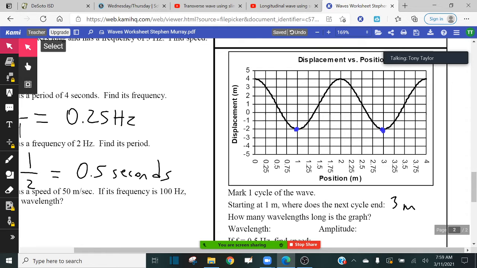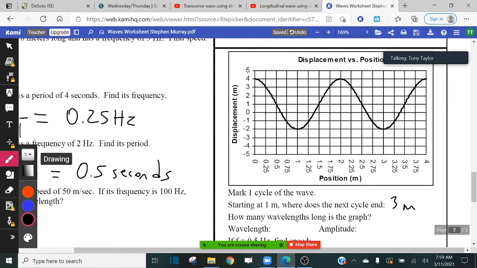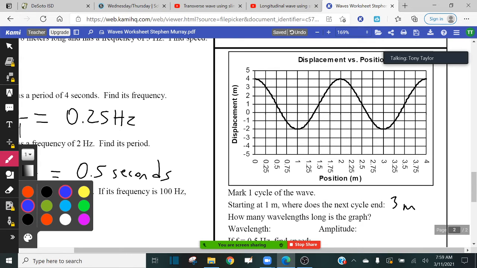How many wavelengths long is this graph? Well, guys, if you want to know how many wavelengths long this graph is, you just look at the number of cycles that are represented. And we talked about this last time. If you look at this graph here, notice right here, this is 1 cycle. And then here another cycle starts and another cycle ends.